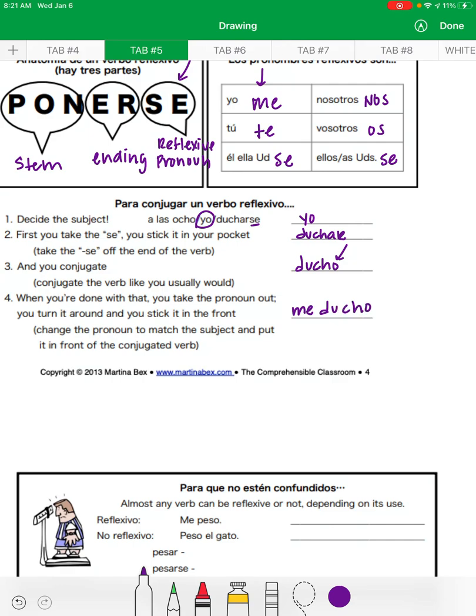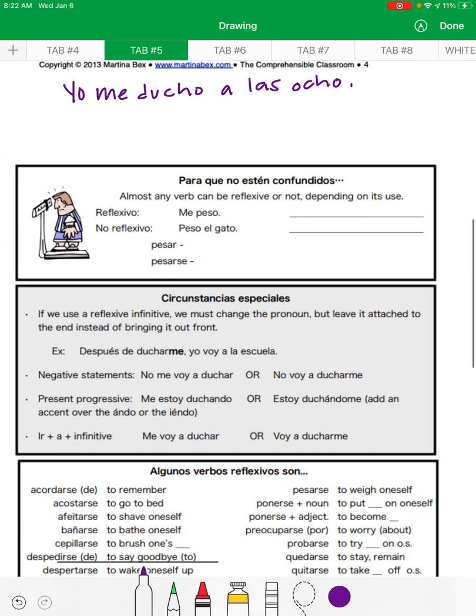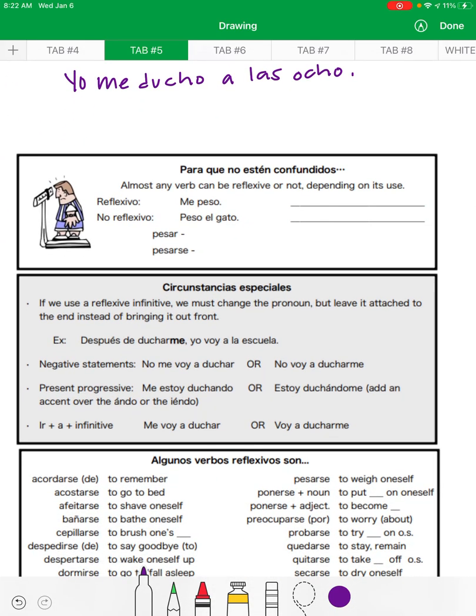All right, so that sentence turns into yo me ducho a las 8. Okay, I know that's confusing, but we'll kind of catch on as we go.